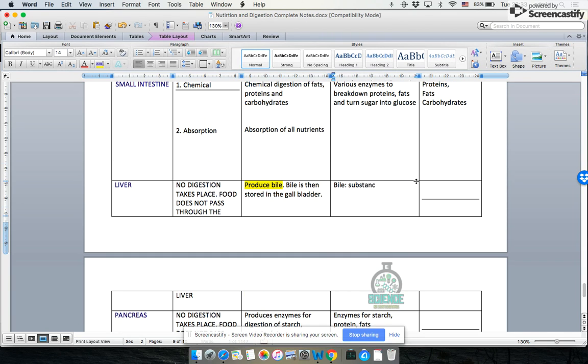So it's a substance that helps in the digestion of fat. Okay, so once again, food does not pass through the liver. The liver simply produces bile, which is stored in the gallbladder until it's needed, and this helps in the digestion of fat.